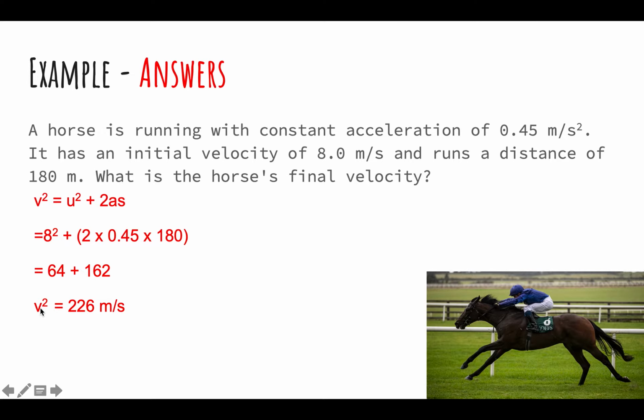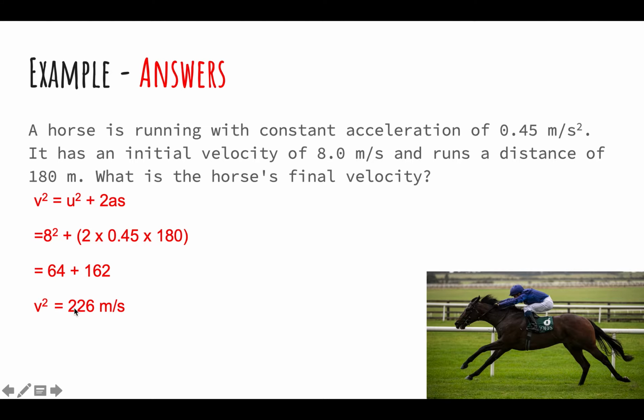So now we have to find out the velocity. So if this is a velocity squared, we're going to have to square root this answer to get our final velocity. And here's where having an idea of the magnitude, the size of numbers really helps, because right now we're thinking our velocity could be 226 meters per second, which for a horse is ridiculous.